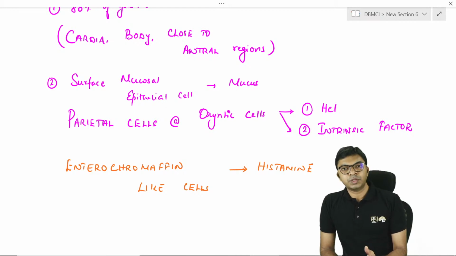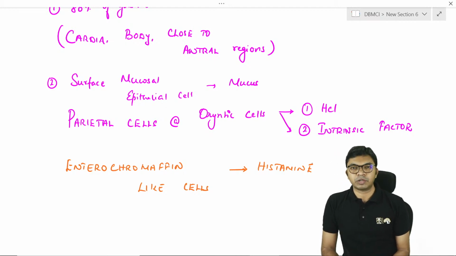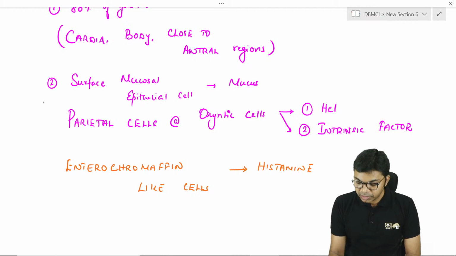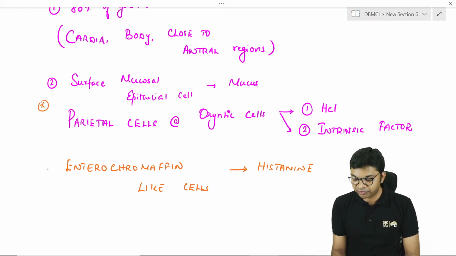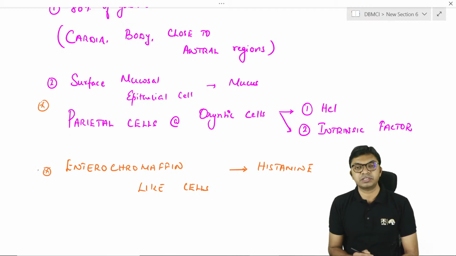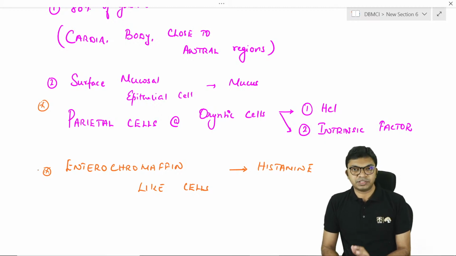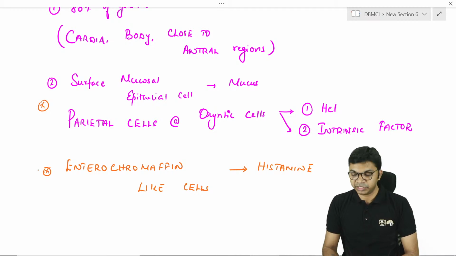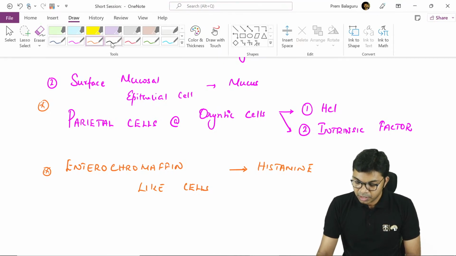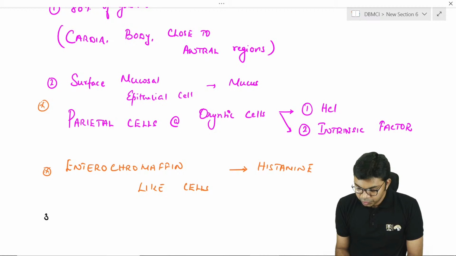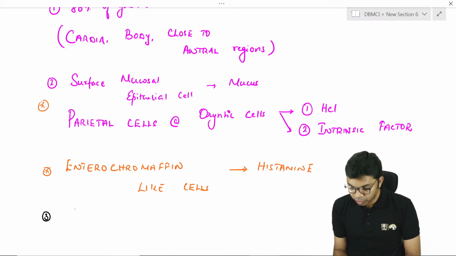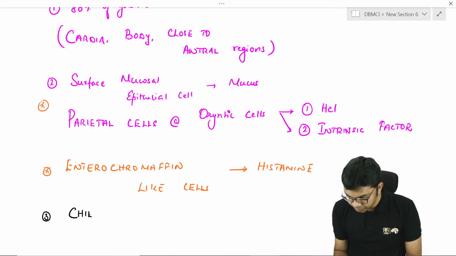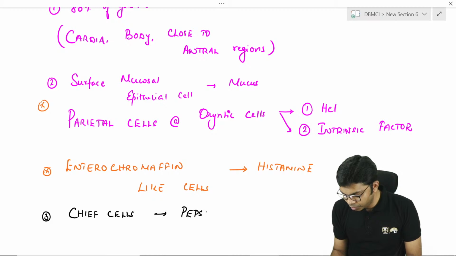The cells which belong to oxyntic glands are predominantly involved in secreting hydrochloric acid, intrinsic factor, as well as histamine, doctors. These three secretions are the most important secretions coming out of oxyntic glands. And we are going to see a very important cell called the chief cells. Chief cells do produce an enzyme called pepsinogen.